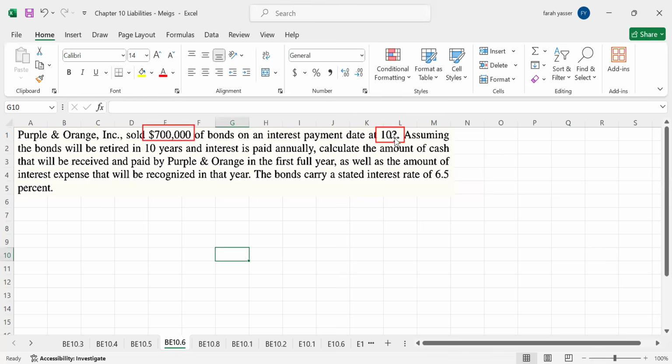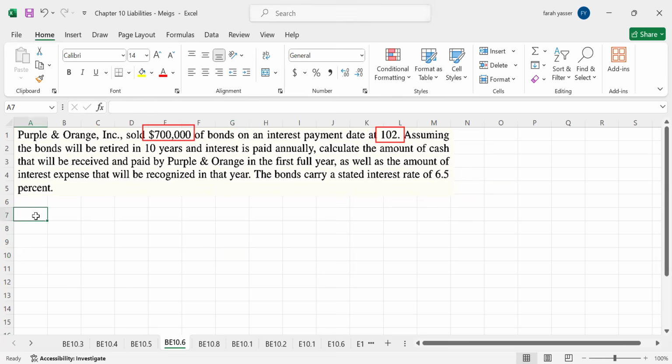Now 102 means at premium. The retirement period is 10 years, and the interest is paid annually. Calculate the amount of cash received and paid in the first full year, as well as the amount of interest expense that will be recognized in that year. The interest rate is 6.5.